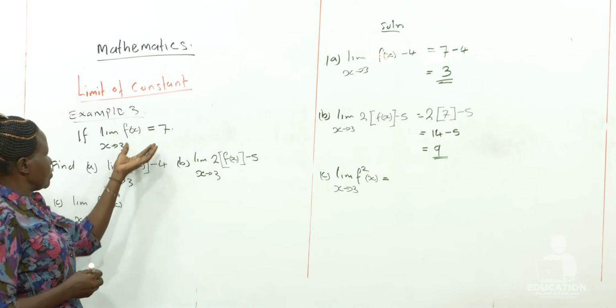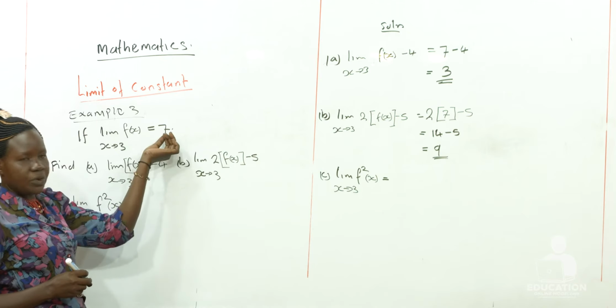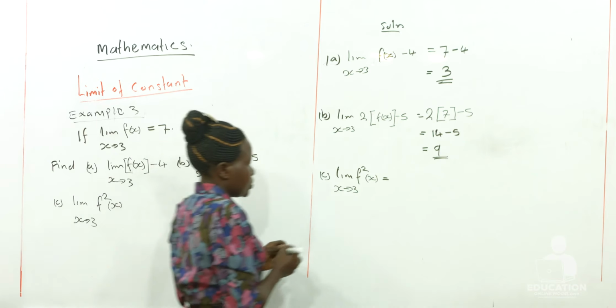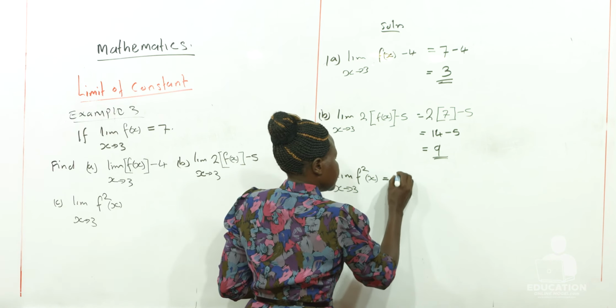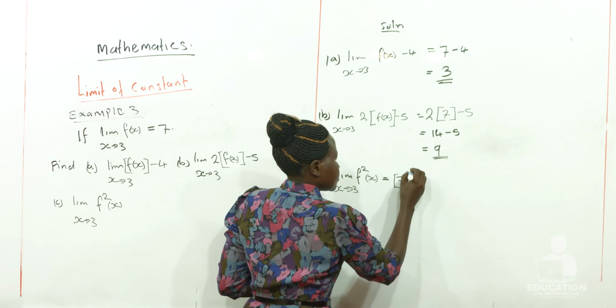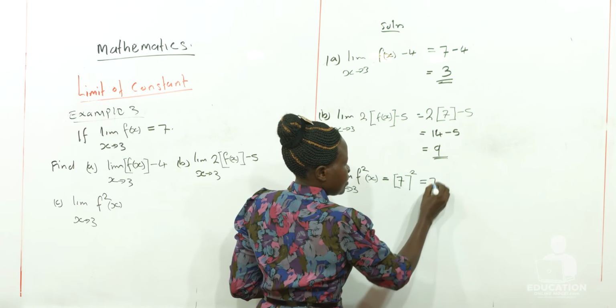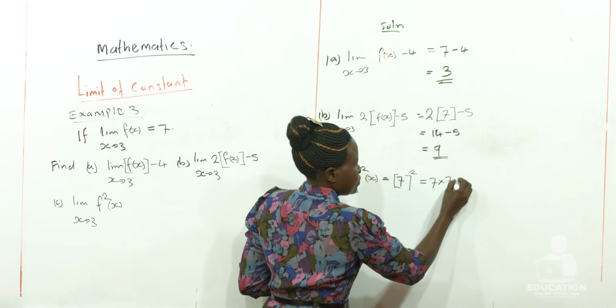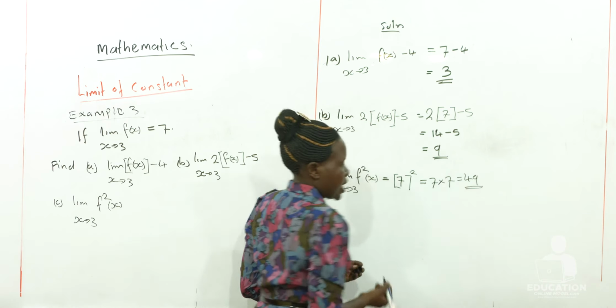Our value of the function is 7. So where there is f, we are going to put 7 squared. When we square this 7, we get 7 times 7, which will give us 49. So this is our answer.